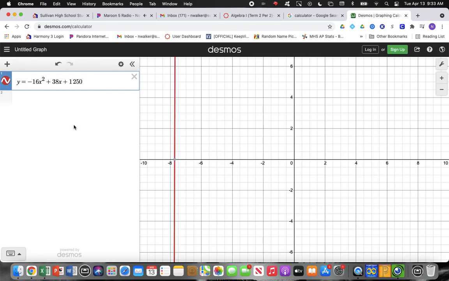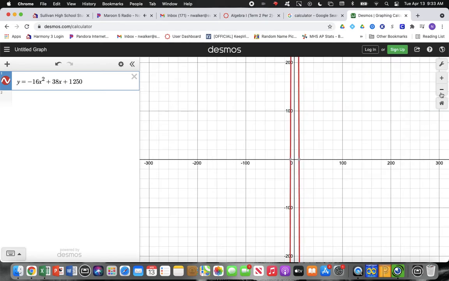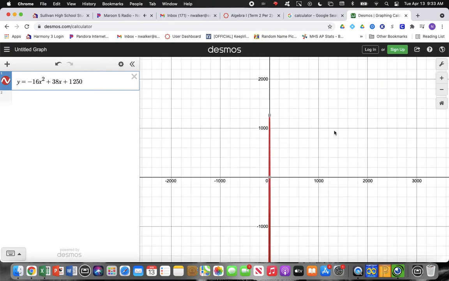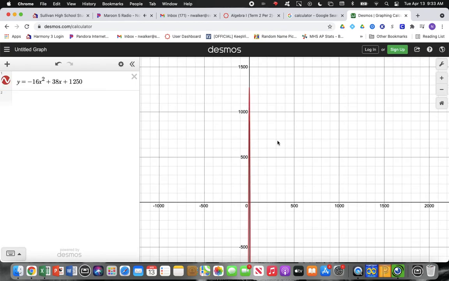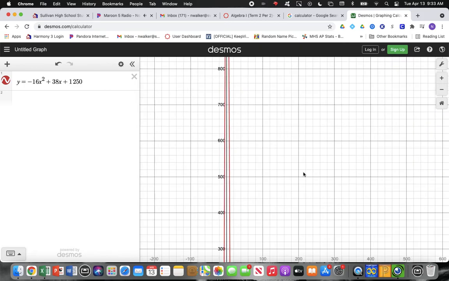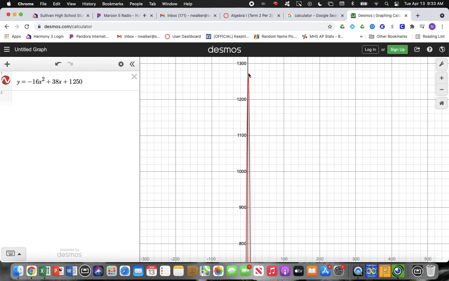All right, so we're going to have to do some zooming out. If you see here, it's a very, very skinny graph. Do you see how it has a starting point at 1250 and then it goes up just a little bit?